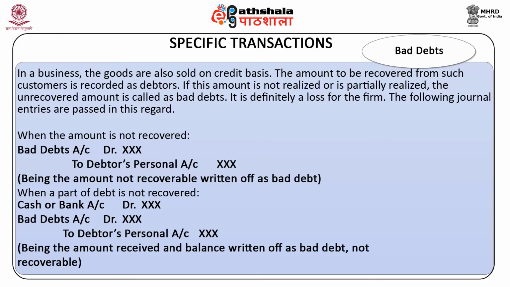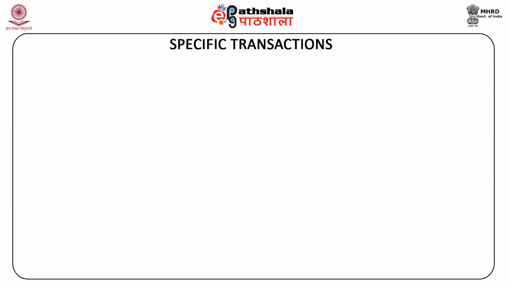When a part of debt is not recovered, cash or bank account is debited, bad debt accounts debited to the credit of debtor's personal account, being the amount received, and balance written off as bad debt not recoverable. Next is bad debts recovered.